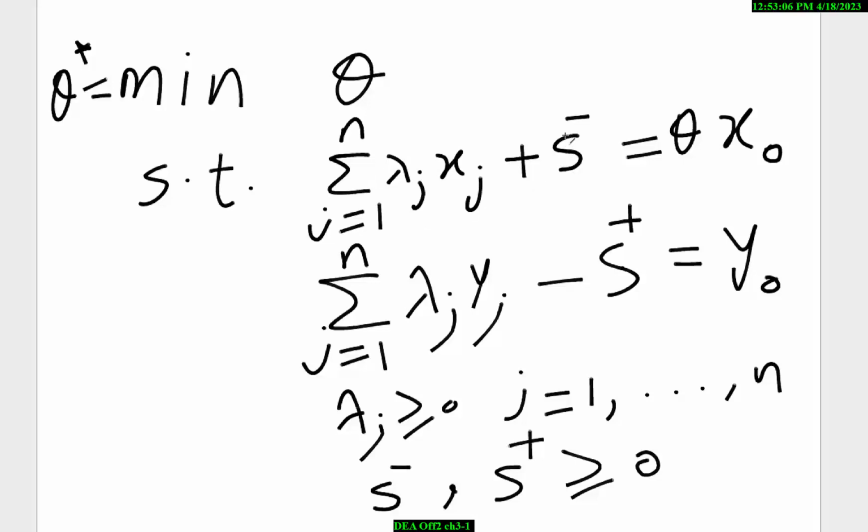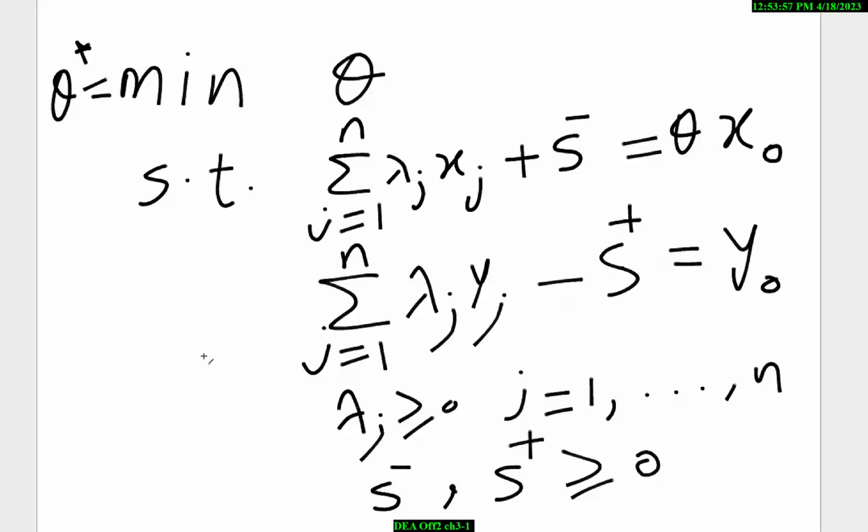Indeed, if we have an optimal solution where theta star is equal to 1 but the optimal value of the slacks is not 0, we also have a combination of inputs and outputs of the DMUs that produces at least these outputs with less than the same inputs of DMU o when S minus is not 0, and produces more outputs than DMU o when S plus star is not 0.